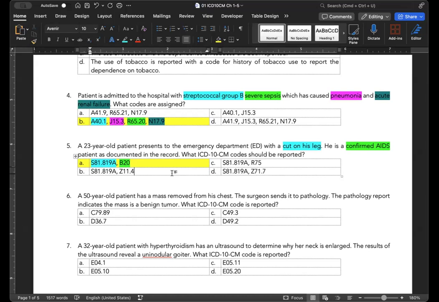Okay. If we didn't have the behavior, then yes, I would say go to mass. However, since we have the behavior and we know it's benign, we can go directly to the table of neoplasms. Does that make sense?